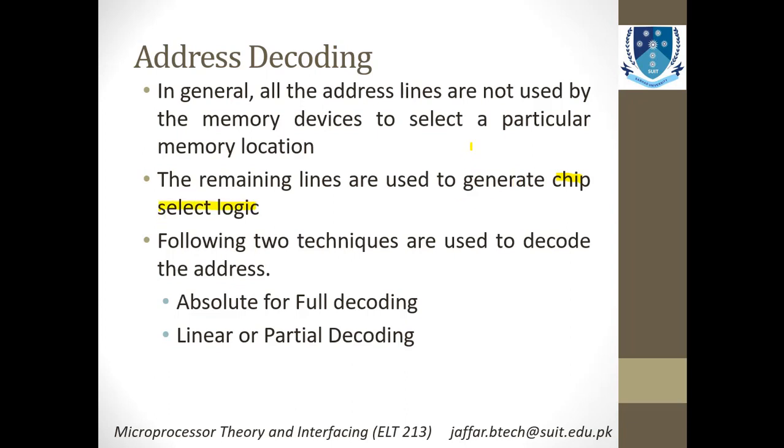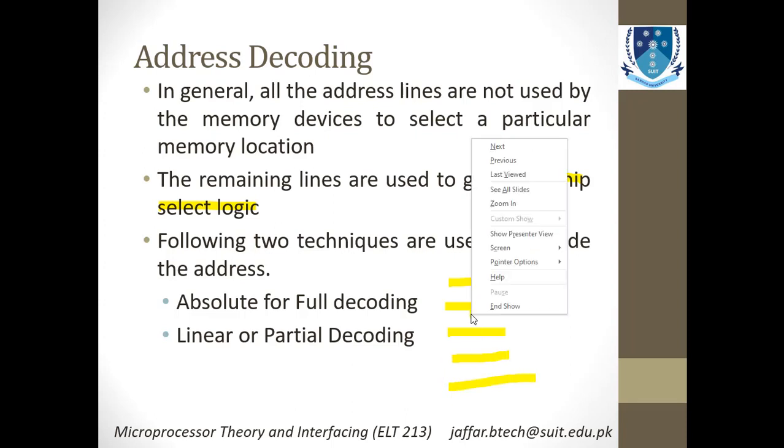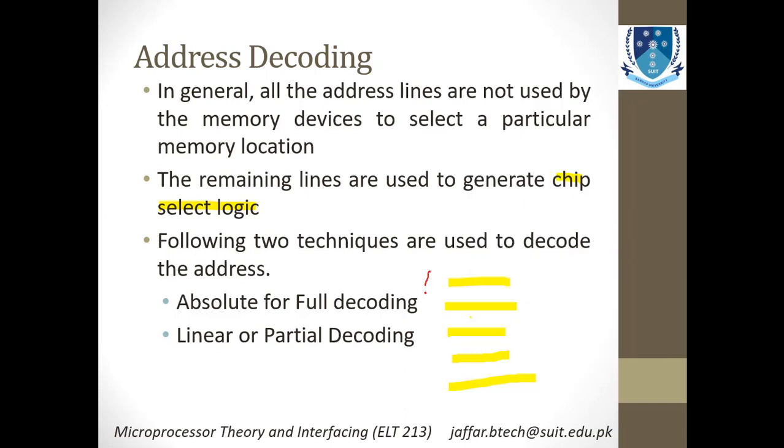The important thing is, let's say you have 5 input pins, to make it easier: 1, 2, 3, 4, and 5. We want to access, let's say, a memory of 2 locations.